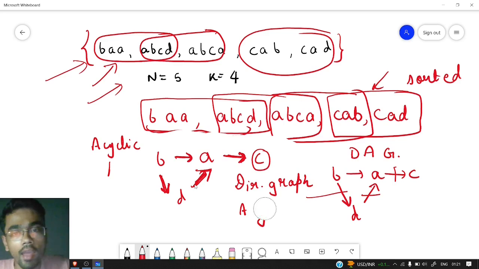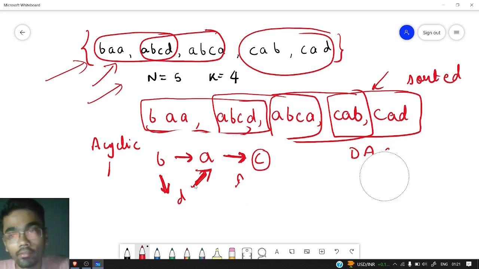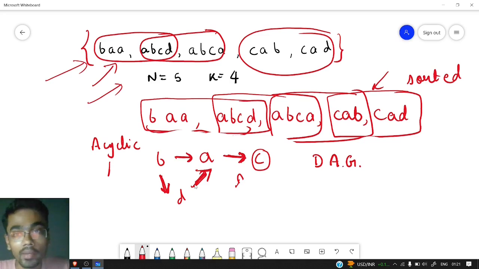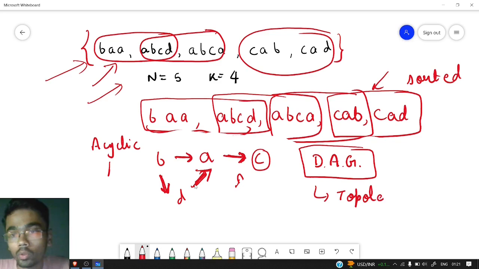Now, have we done something before like this? We have studied something related to directed acyclic graphs and ordering of elements. Whenever we need to find some order of elements, and we figure out that the graph which has been provided to us is a directed acyclic graph, we can use topological sort to find out the order of elements.